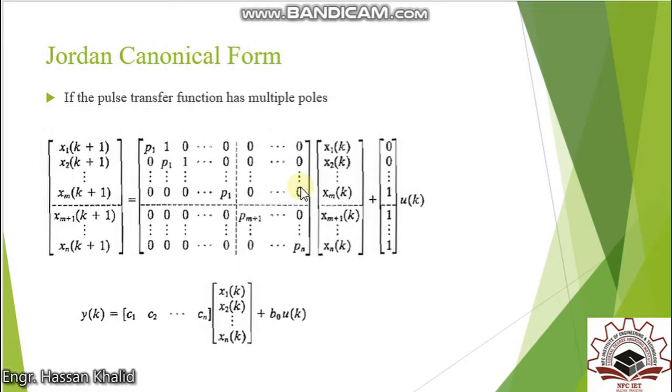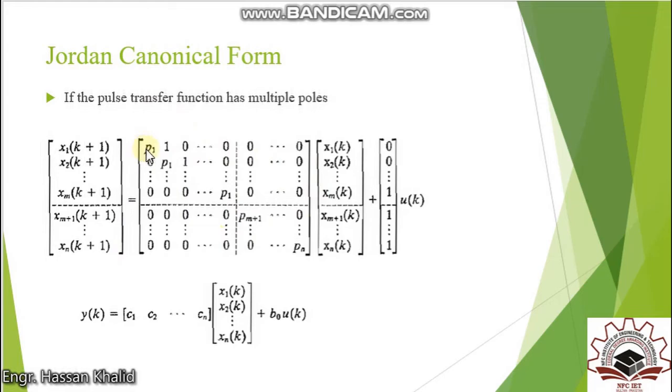Now what is Jordan canonical form? If you have a pulse transfer function with multiple poles, that means the values of the poles are repeated, then you will be able to form the structure in the same way as is formed over here. Suppose that you have a pole P that is equal to 1, and the number of poles with the same values is 3.